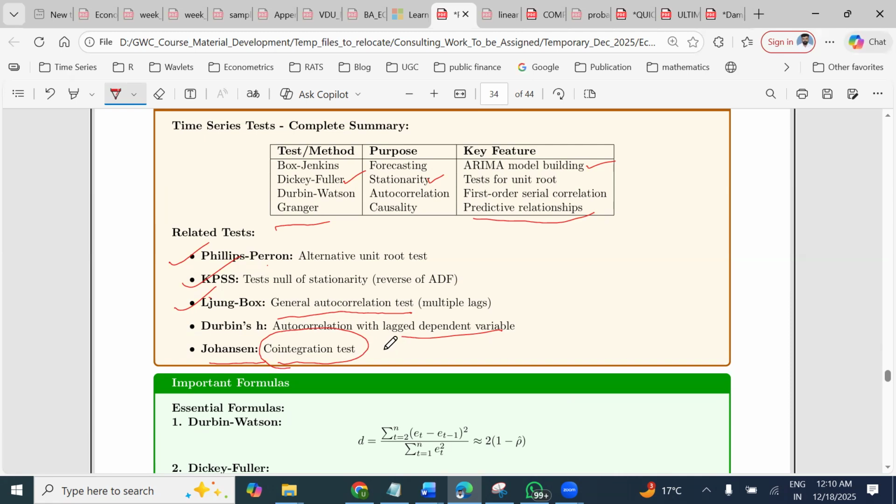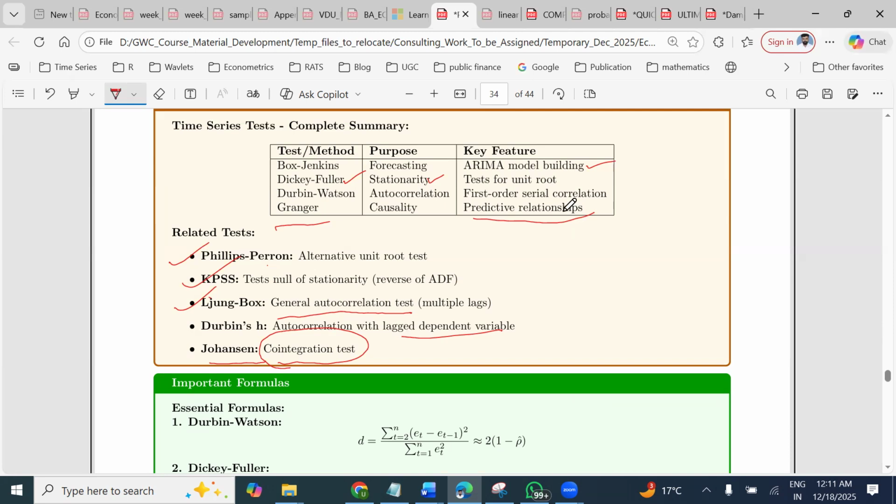Cointegration means, suppose, Madhusudhana, you are teaching macro, right? When you are teaching consumption theory, we say the two variables will converge, or be in long run equilibrium, isn't it?